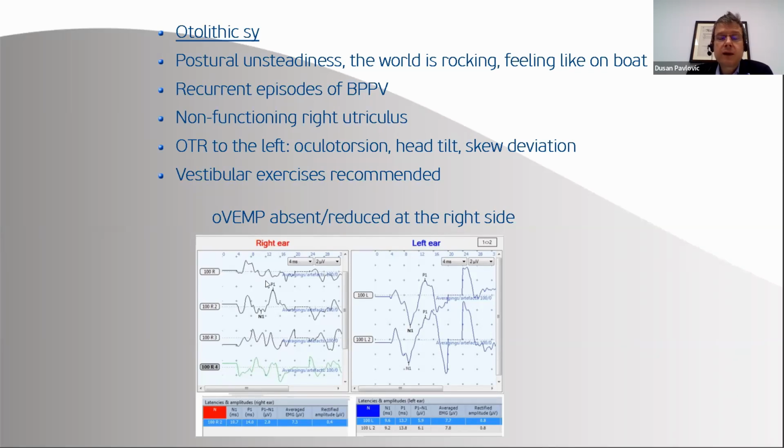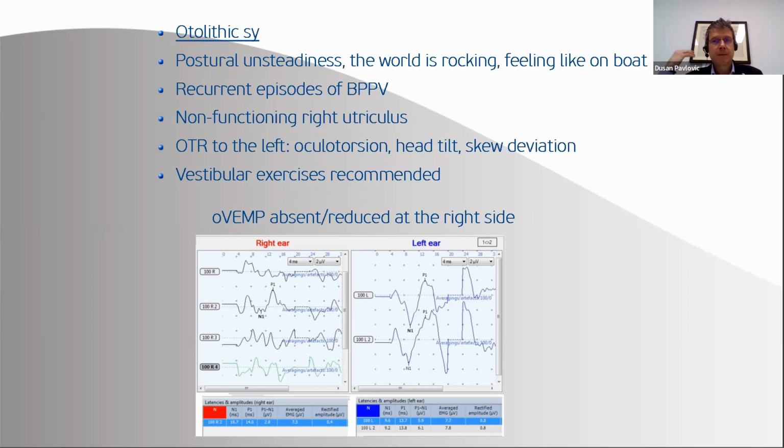So what kind of symptom would you expect from a patient with a dysfunctional right utriculus? The other canals work, the other ear works. And how can we explain his slight subclinical symptoms of ocular tilt reaction, which is to the left side? In acute utriculitis, an acute vestibular lesion, we would expect an ocular tilt reaction to the side of the lesion.